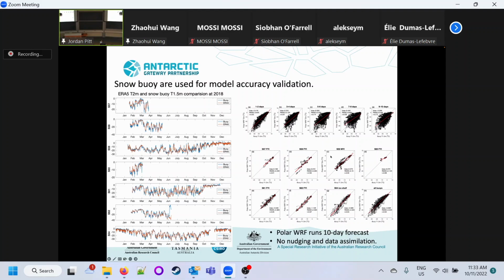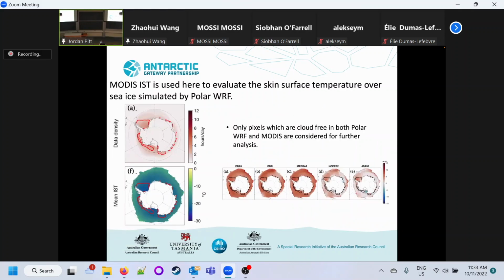So for this 24 hours forecast, the model at the CS region is pretty accurate. That means the model is accurate enough for the temperature investigation over the CS. But we know the seven snow buoys are only available at the Weddell Sea, which cannot provide a spatial distribution of temperature variability over the CS.